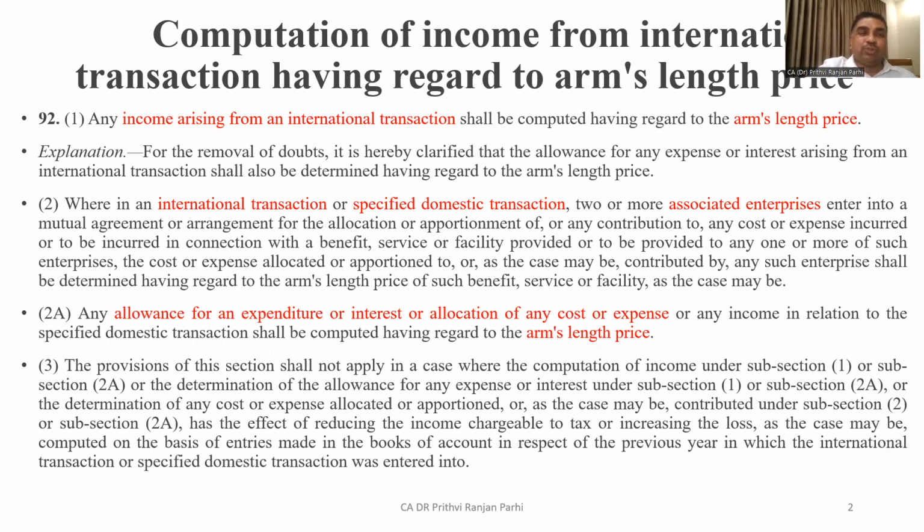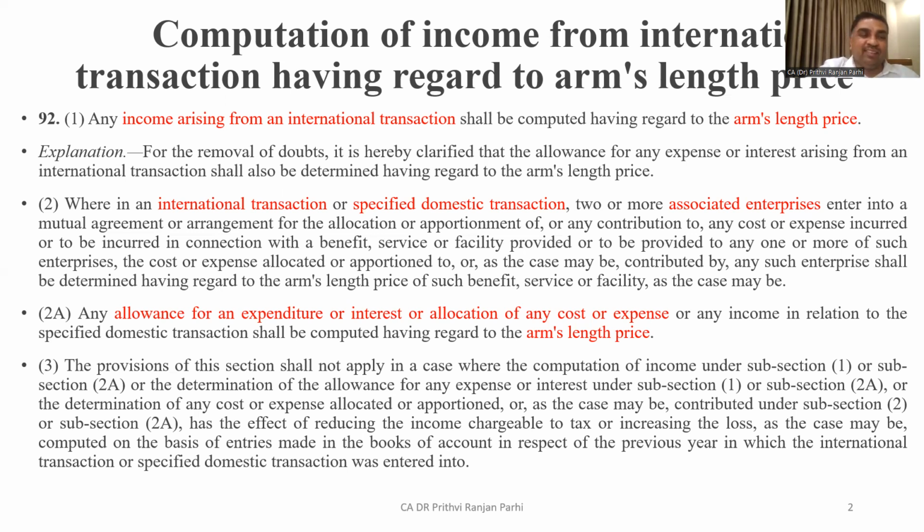Right. It also says international transaction, and this provision is also applicable to specified domestic transactions. Again, in some other part of this chapter, the specified domestic transactions are also explained. And if international transactions or specified transactions and associated enterprises are involved, then this particular section gets attracted. Consequently, the requirement of arm's length price computation arises.